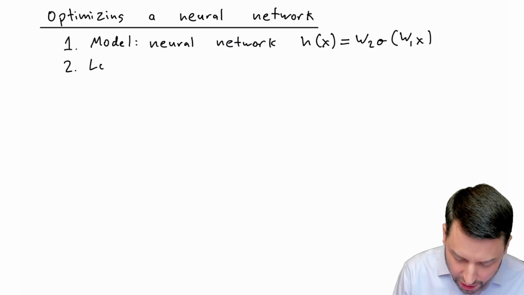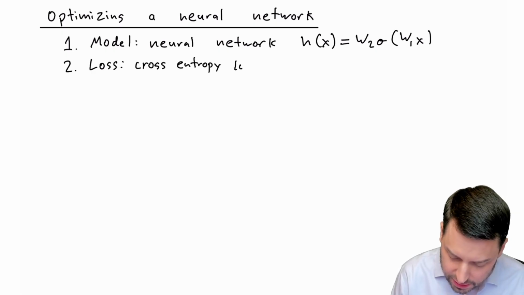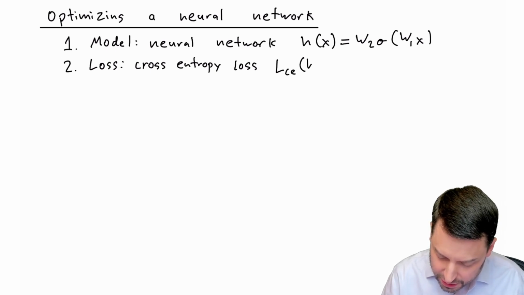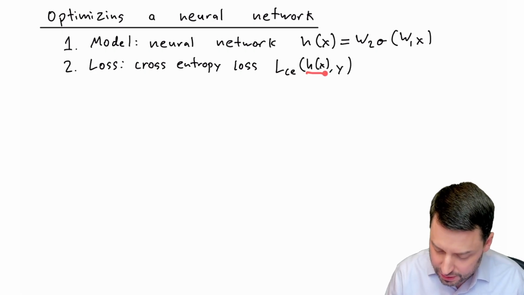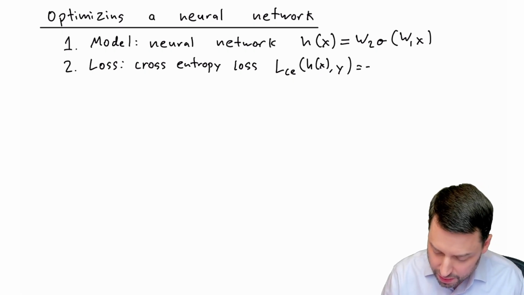Secondly, we're going to have our loss, which is the cross-entropy loss. And this is just defined, and I won't give the whole derivation again here, but this is going to be defined as the loss between our predicted output and our desired output here is just going to be equal to the negative value.